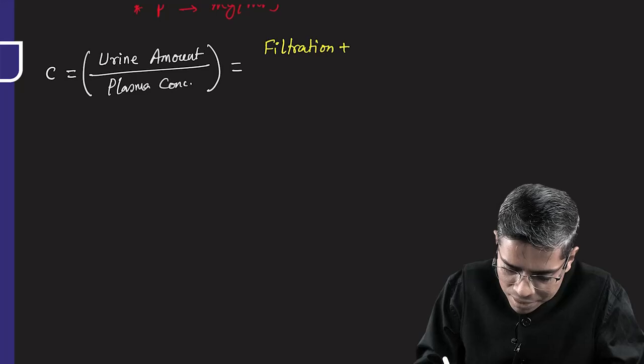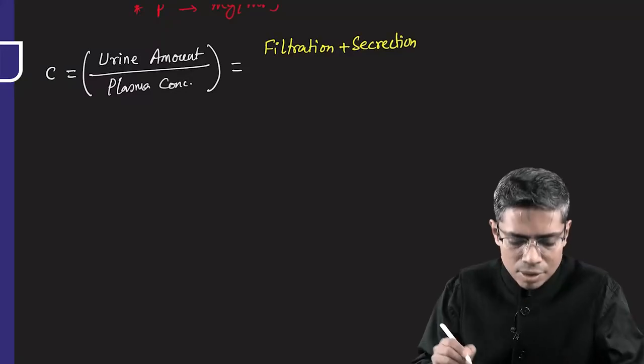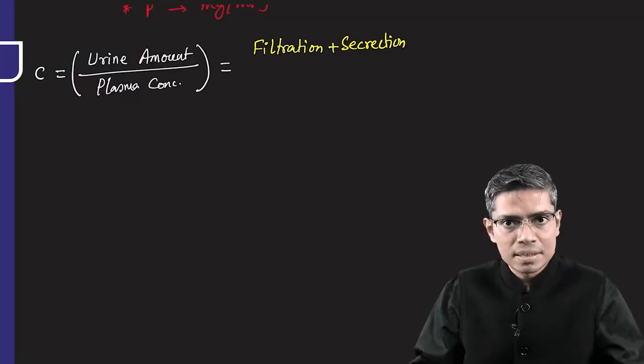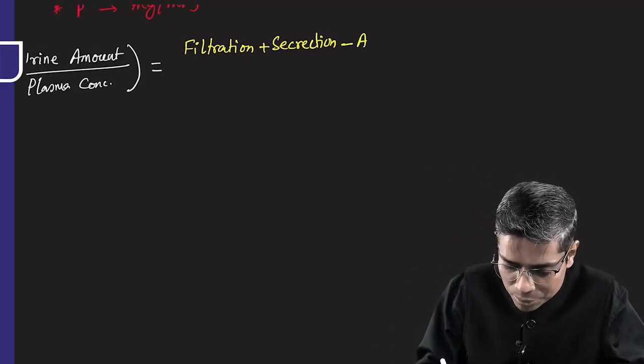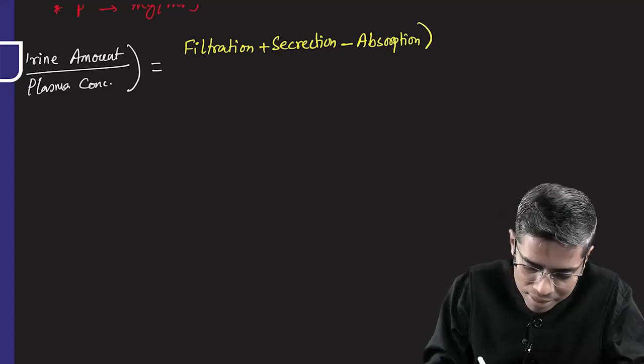So if there is secretion also, then the urinary amount will be increased. But if there is reabsorption, then the urinary amount will be decreased. So I have to subtract the absorption amount from here. So now I can understand that urinary amount is from three basic processes: filtration, secretion, absorption.